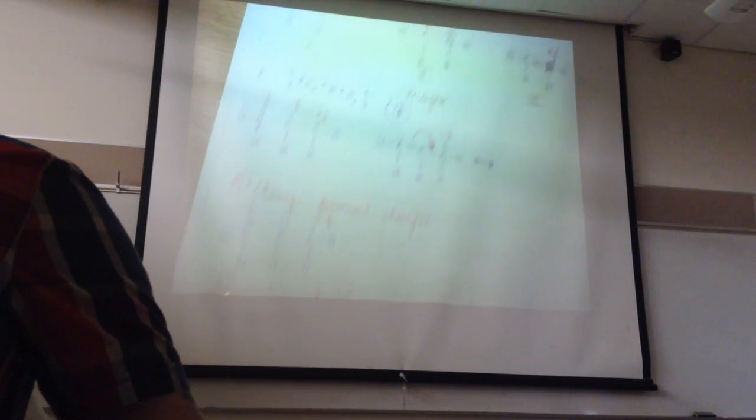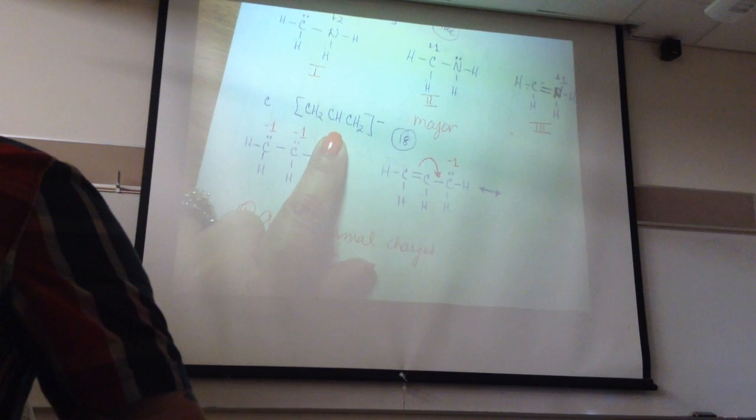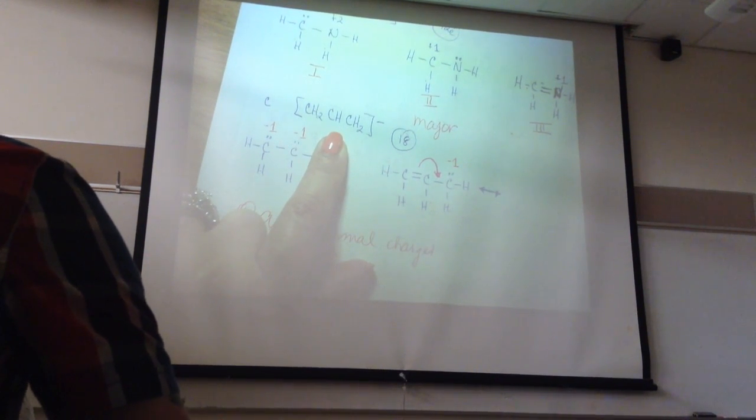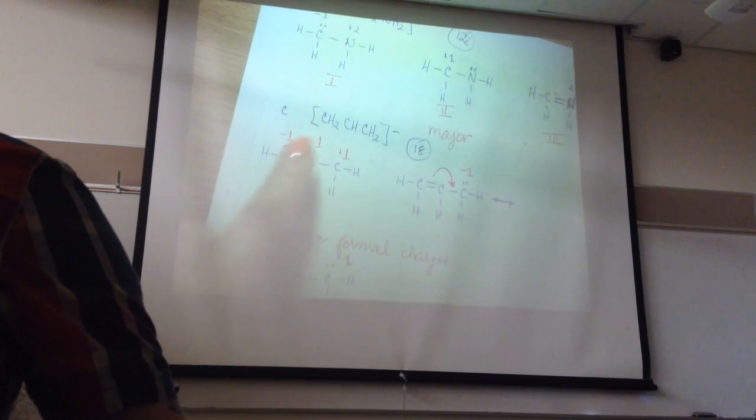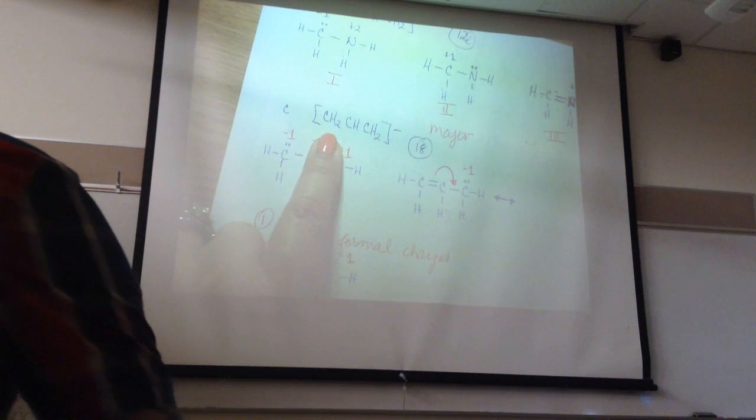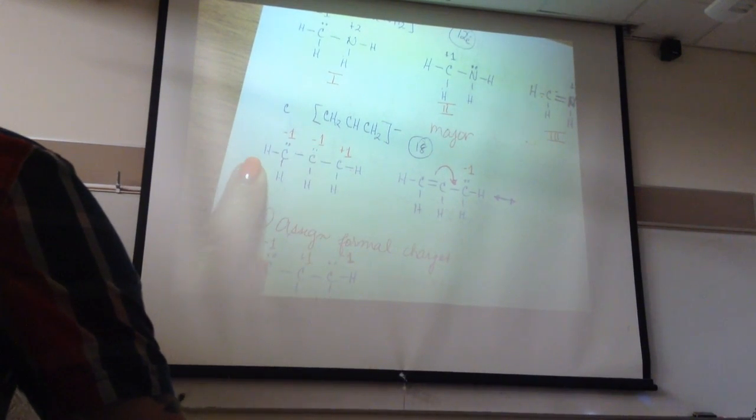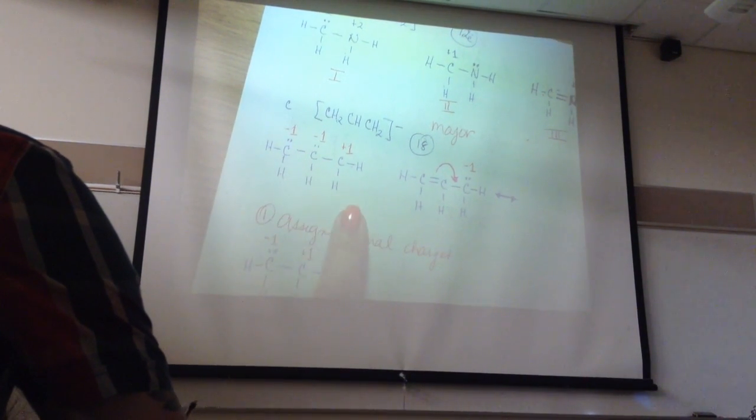Amber asked, can I do a ring? The answer is, you cannot do a ring when they're giving you a condensed formula. In a condensed formula, the connectivity is like that: you need a CH2 to a CH to a CH2. In a ring, we cannot make it a condensed formula.